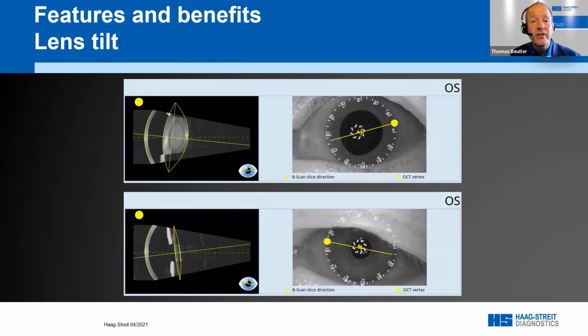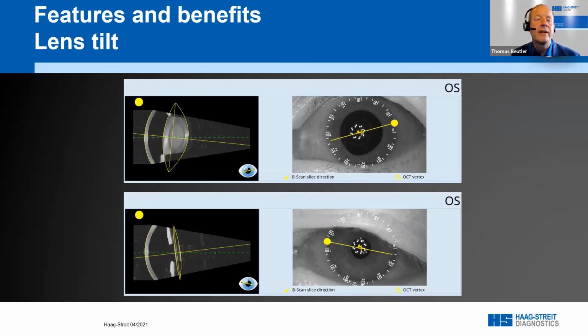They are both tilted to the same side, but you can see that the OCT cut is once from temporal to nasal. That's the top image, and then the bottom image is from nasal to temporal. That's why we have the little dot at the beginning of the line that always shows from where it starts, and it's also combined with the dot in the B scan. So you always know what you're looking at.